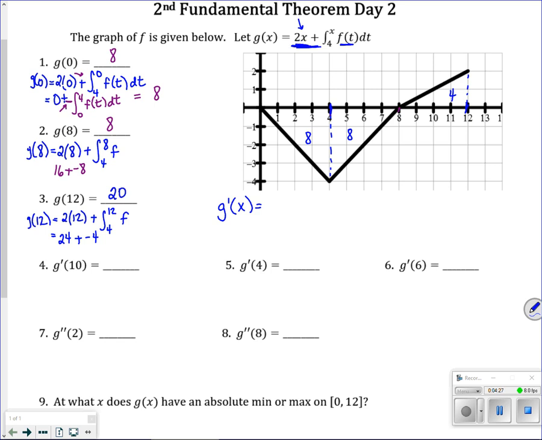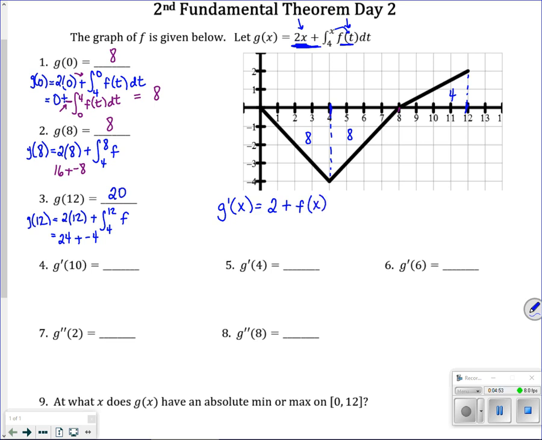The derivative of 2x, of course, is 2, plus, now you're right to say that taking the derivative of that integral, you would replace with the upper bound times the derivative of the upper bound, which is 1. And since the bottom is a constant, you know that's going to go away. So yes, my derivative is 2 plus f of x.